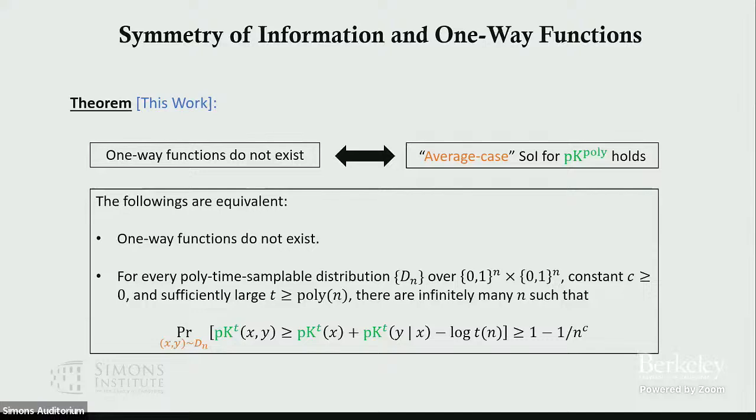So this is only infinitely often if we can break one-way functions infinitely often. But our result is also robust in terms of this. So if we instead say that infinitely often one-way functions do not exist, then we have that average case symmetry of information holds almost everywhere.